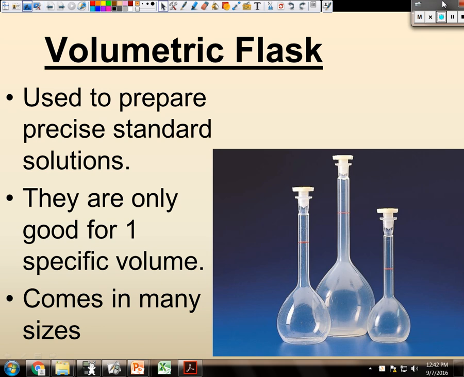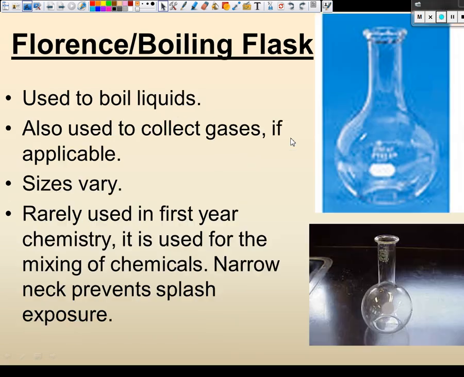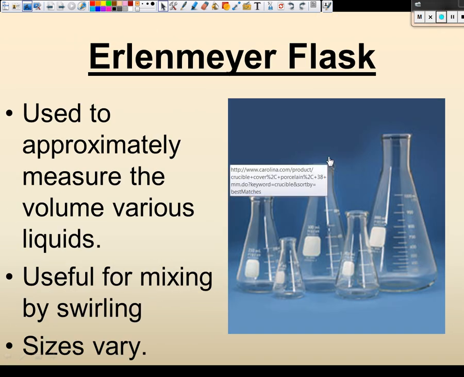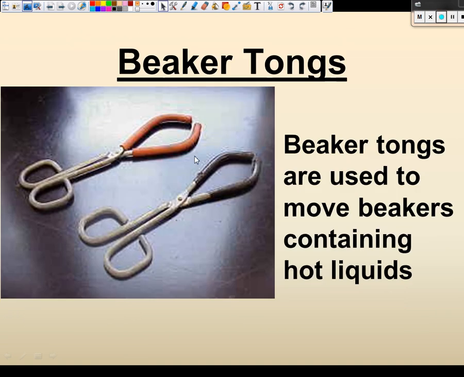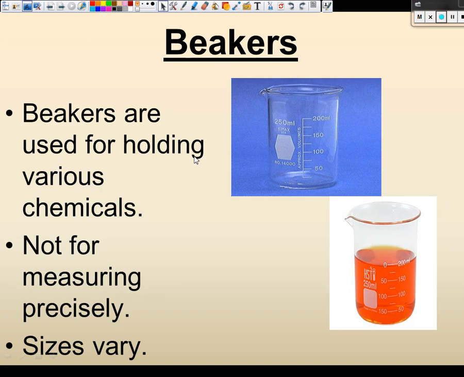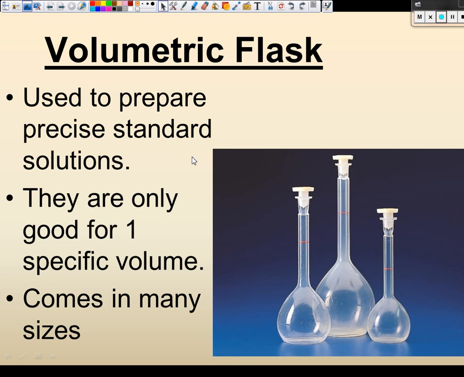So why would we want it to look like that versus it looking like this? Now, what is this? This is an Erlenmeyer flask. It's a different type of flask, okay? Or why would we not even want it to look like this? Why do we need it to look like that?